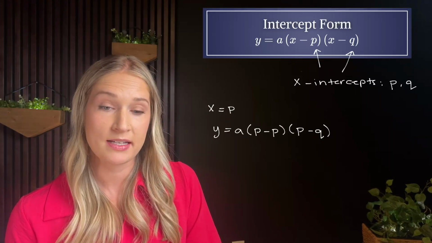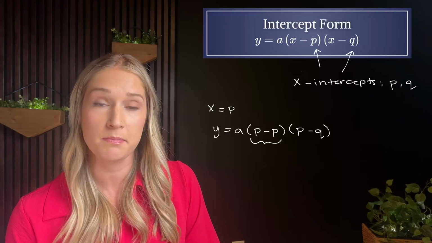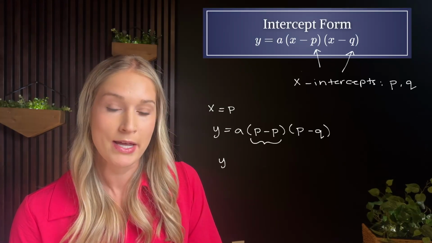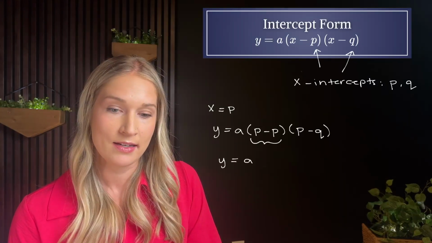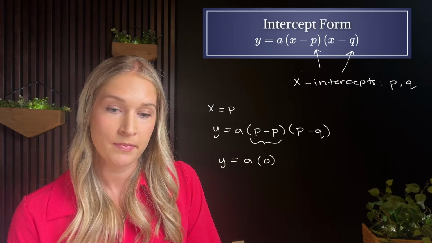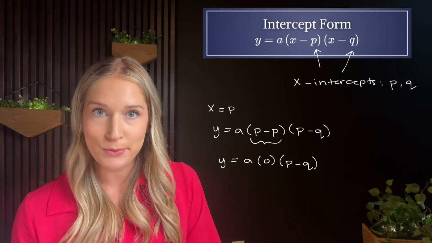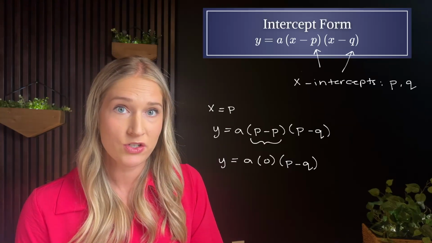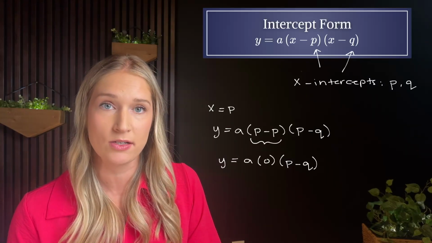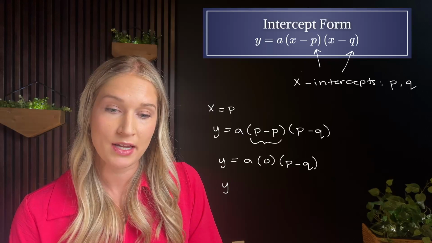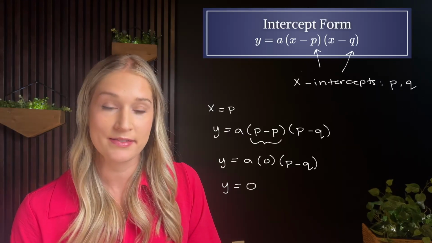The only piece I can simplify here is this middle one, p minus p, which is 0. So y is a times 0 times p minus q. And I really don't care what a is or what p minus q is because we're multiplying by 0. So I would end up with a y value of 0.